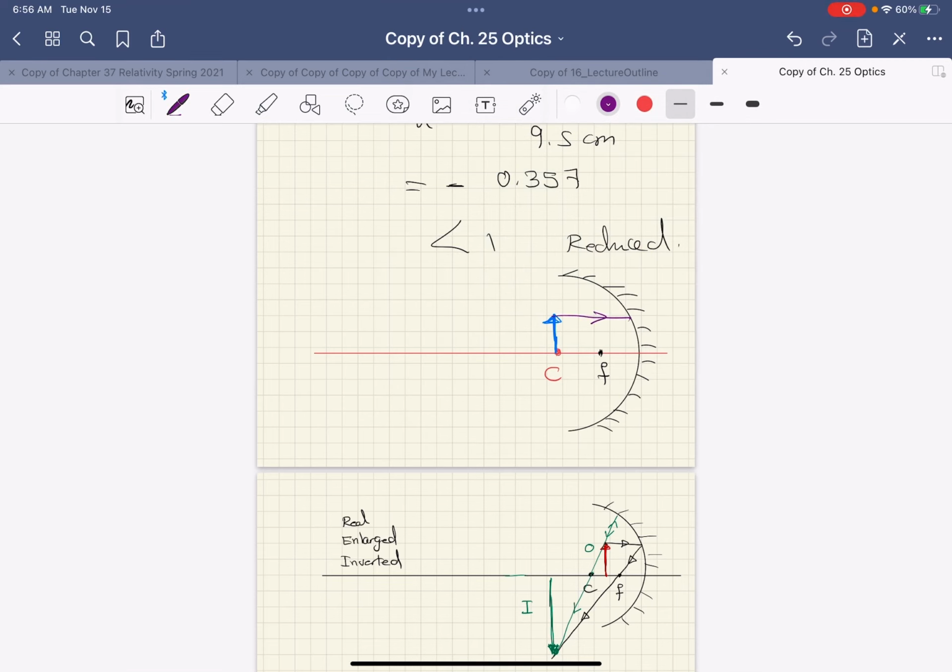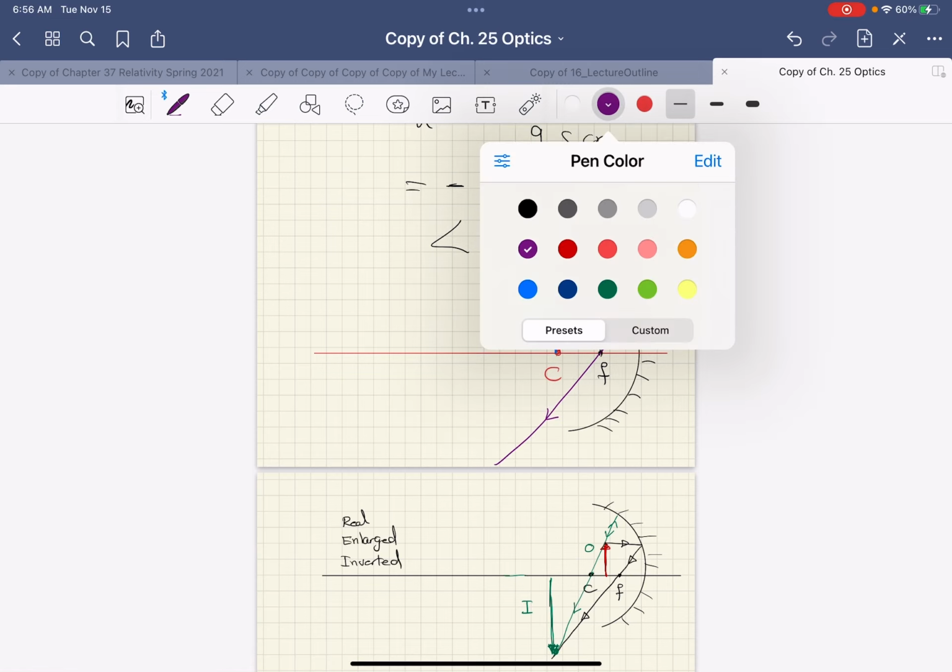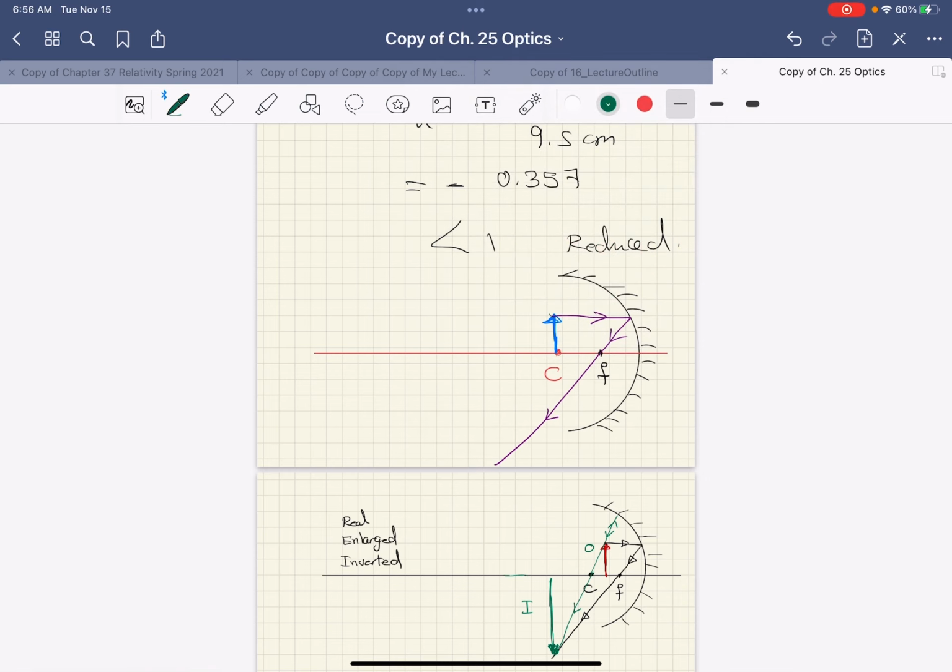My first beam is going to reflect through this. The second one, I'm going to make go through the focal point. My drawing is not exact because I did not use a ruler, but look here, this is my image. Here also it is real, but it is the same size, and it is inverted.